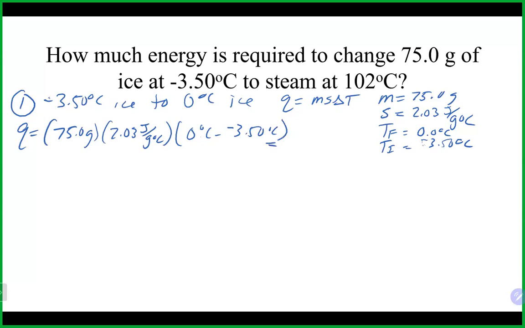And that's going to get us about 532.9 joules of energy. It is a positive number that we ended up with, which makes sense since we're putting energy in to take it from minus 3.5 to 0.